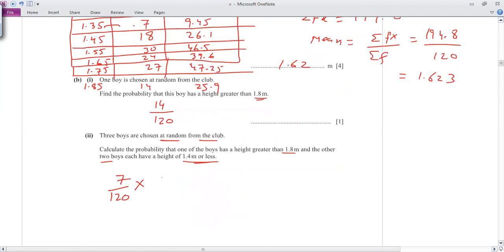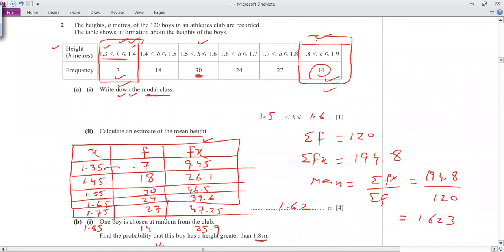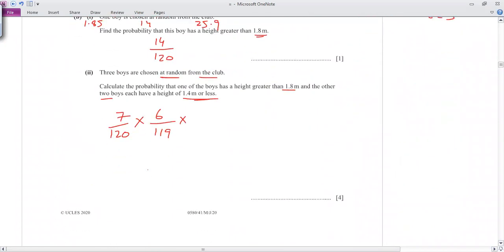Multiply. When I select the second time, in this group 1 has already been selected, so the remaining are 6 and the total is now 119. Then for the third one, the total is 14 but now the remaining total is 118, so it will be 14 over 118.